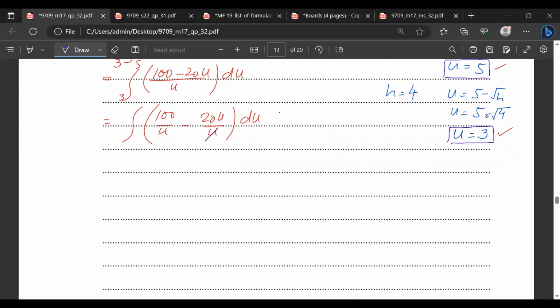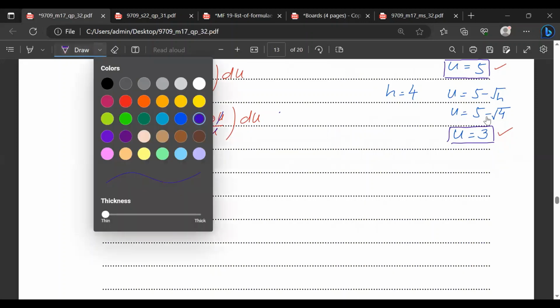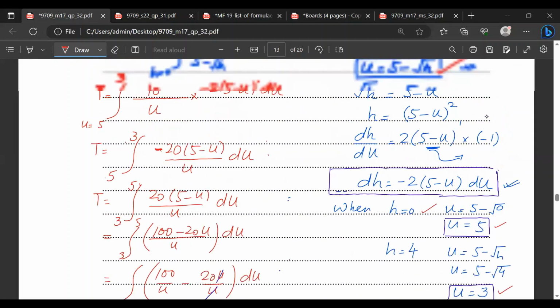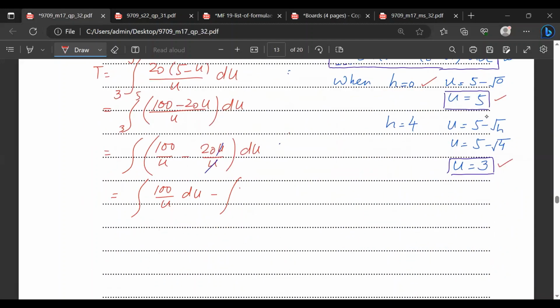Simplify further, and you have 100 over u du minus 20 du.